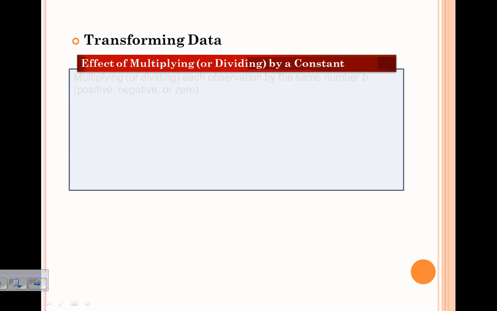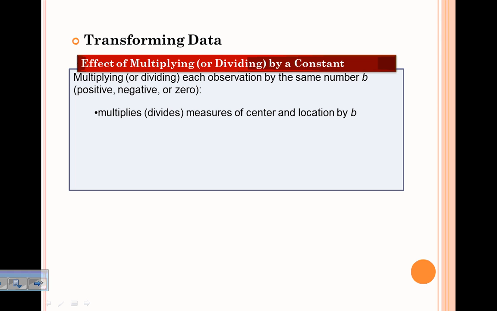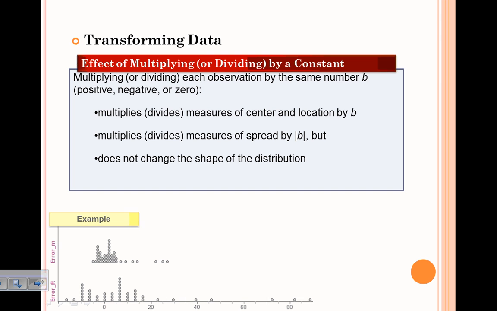All right, what if I multiply? Remember, multiplying by a fraction is kind of dividing. So when I multiply everything, everything is going to change, except the general shape. Your center will change, your spread will change, because now if I had these values, A, B, and C, and I multiplied by 5, 5A, now 5B is a lot farther out, and 5C is a lot farther out.